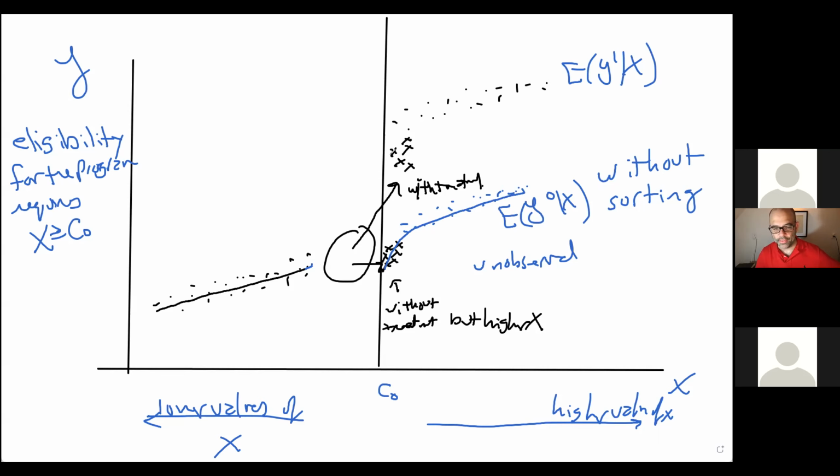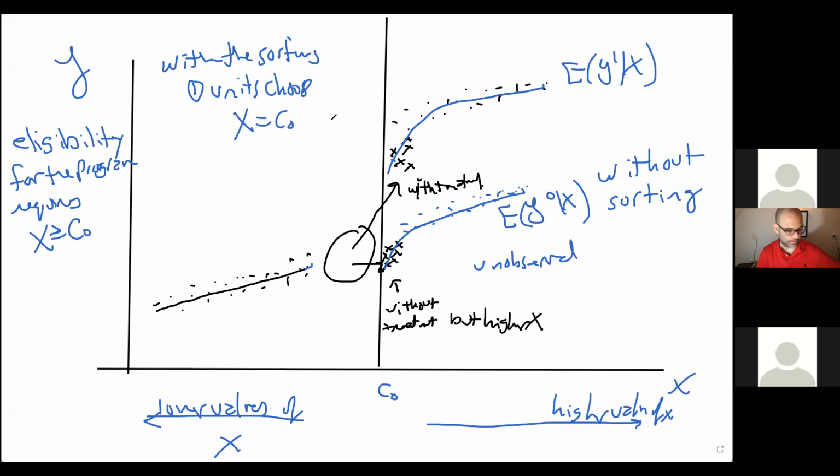And then this up here ends up being like this. So what we've got with the sorting, as I understand it, is that, number one, units choose X equal to C0. So that's what they're doing. They're choosing to get just enough X to qualify. That's why they're all right here.